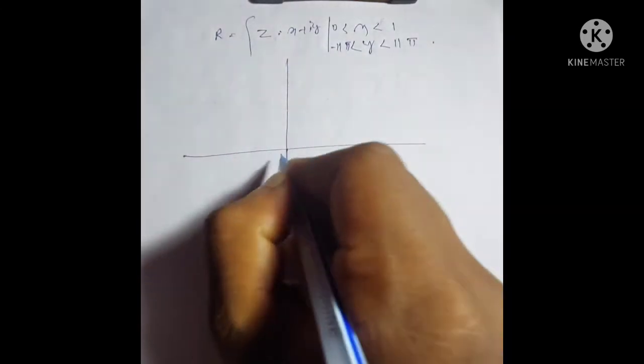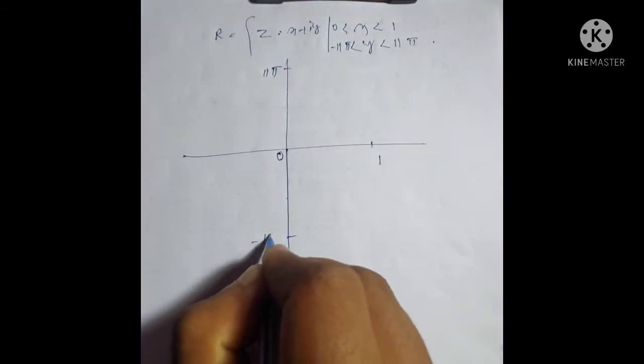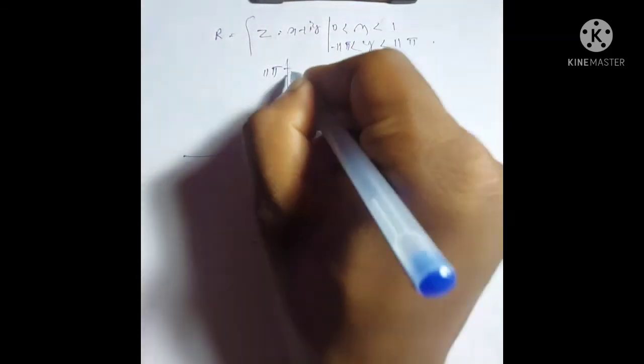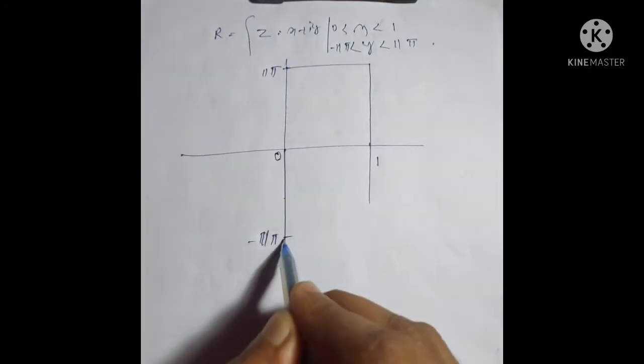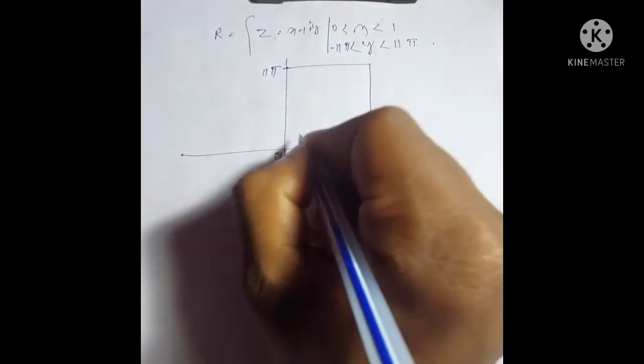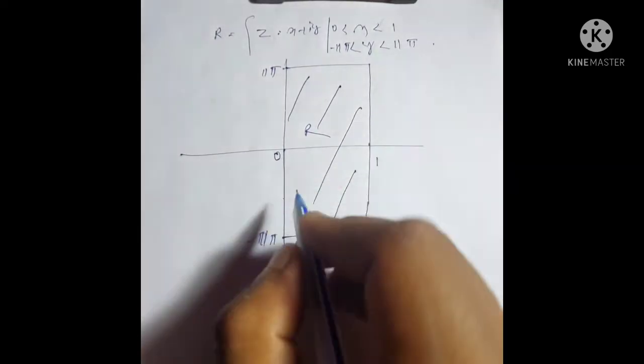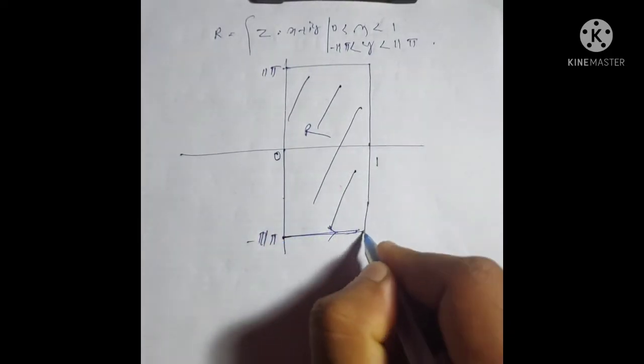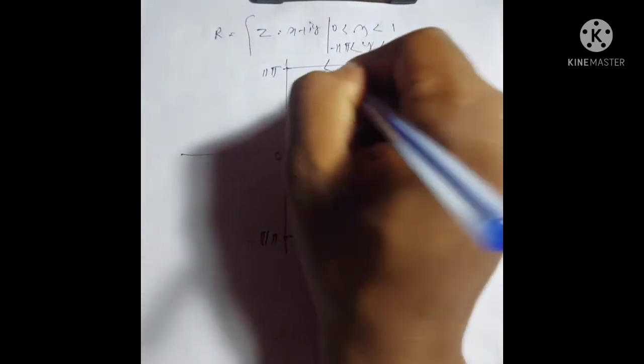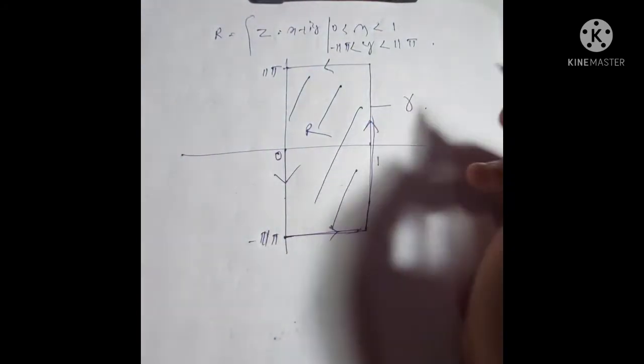If we plot the graph, for x from 0 to 1, this is 11π, this is -11π. So the region will be the rectangle R, and since the curve is positively oriented, it will be in the anti-clockwise direction, so this is the boundary gamma.